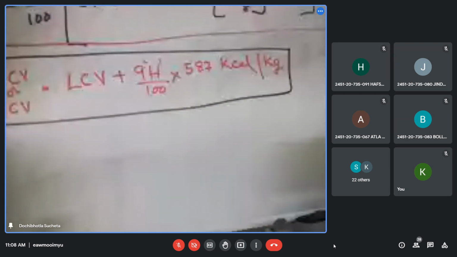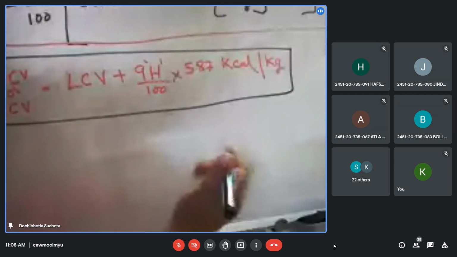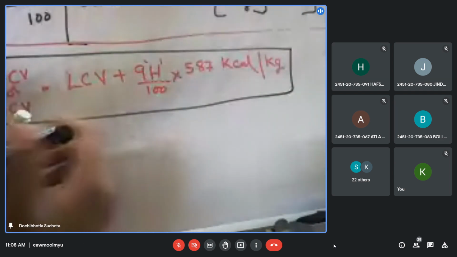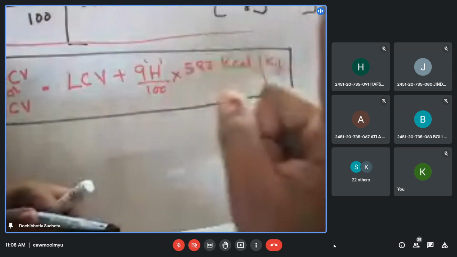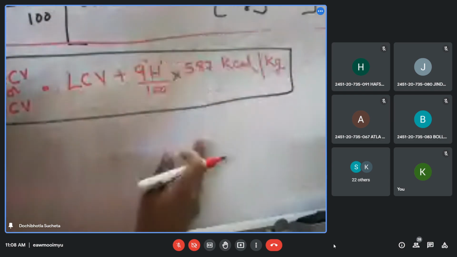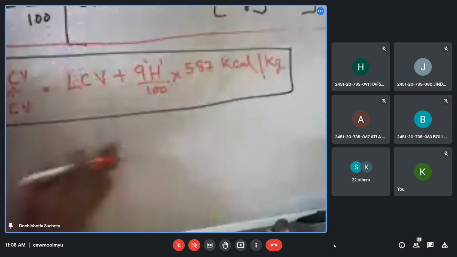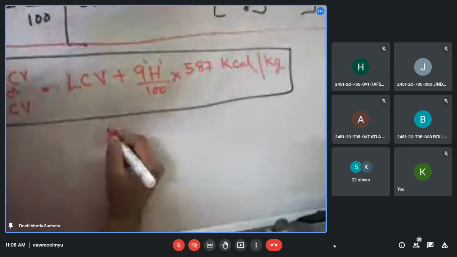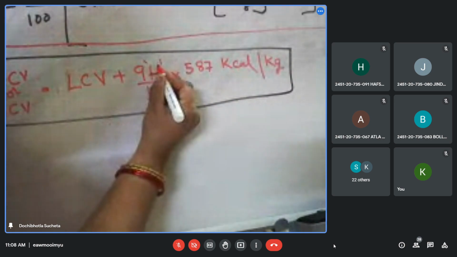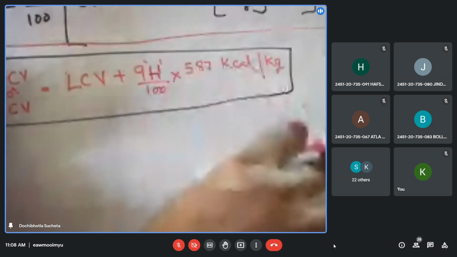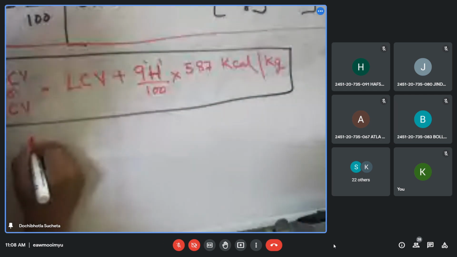So I said calorific value is nothing but the amount of heat energy liberated by burning 1 unit mass of any substance. Capital H is the total amount of hydrogen that is present.